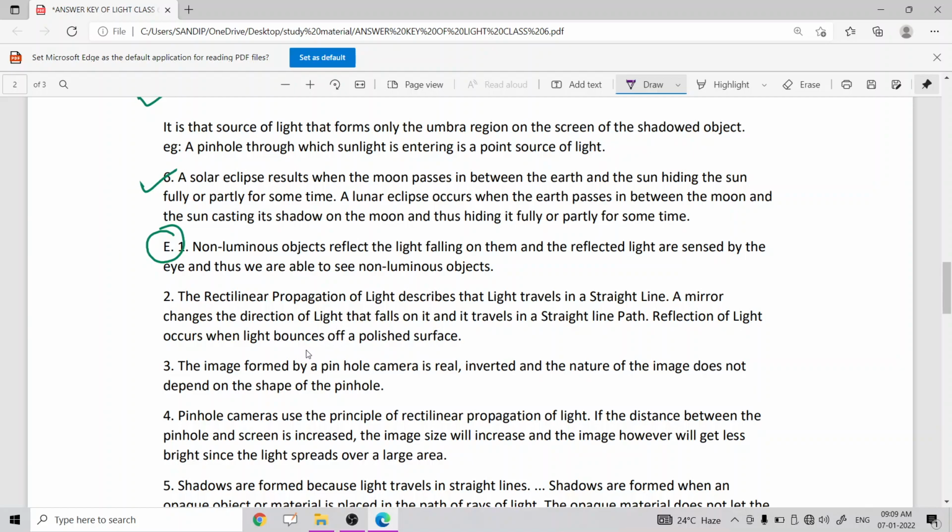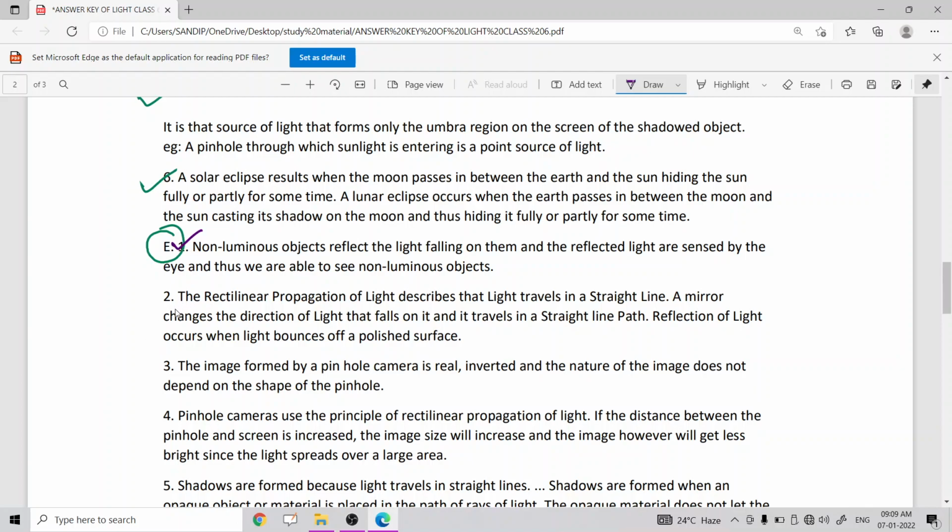Generally, some light is incident on a non-luminous object, and non-luminous objects reflect the light falling on them, and the reflected rays are sensed by our eye. Okay, and we are able to see non-luminous objects. This is the first one.